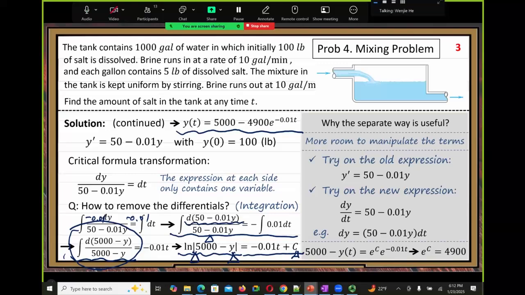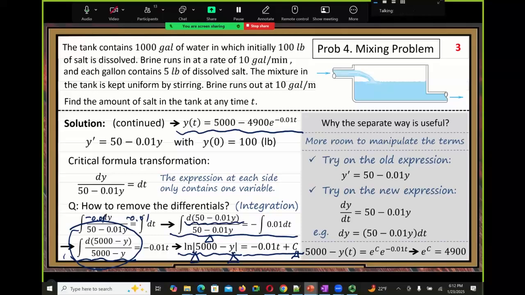The natural log function cannot be applied to negative numbers. So that's the reason we use absolute value, to make it positive. Then you can use the natural log function. But when we remove that natural log, we don't want to leave that absolute value function. We want to remove it to make the function simpler.